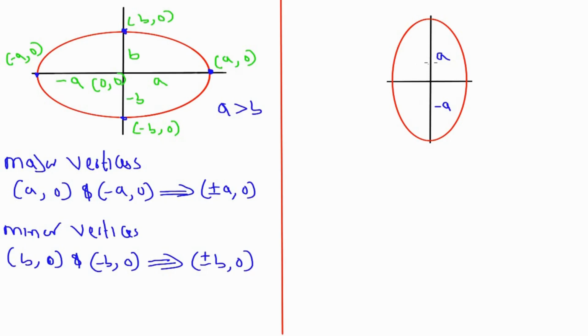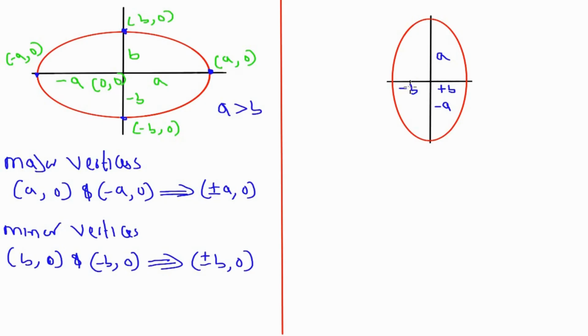So once it is vertical in orientation, then the value of a will be along the y-axis. And if it is horizontal in orientation, the value of a will be along the horizontal axis. So the value of b will therefore be horizontal for the ellipse we have at the right hand side. So this will be negative b units away towards the negative x-axis, and this will be positive b away towards the positive x-axis.